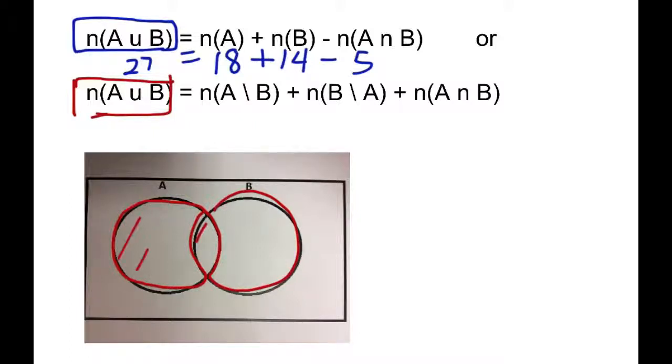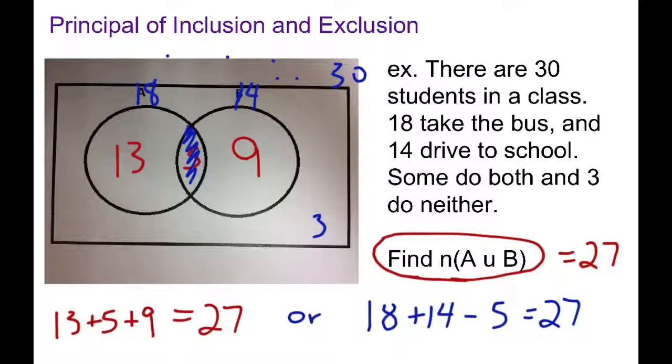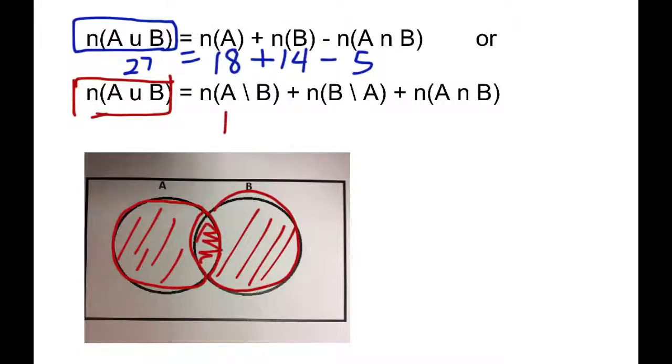So we would do all of A plus all of B plus the overlap. That's what we did on the last question too, the first way we did it. We went 13 plus 5 plus 9. I'll write that in there again. 13 plus 9, and then the overlap was 5, and that gave us 27 as well.